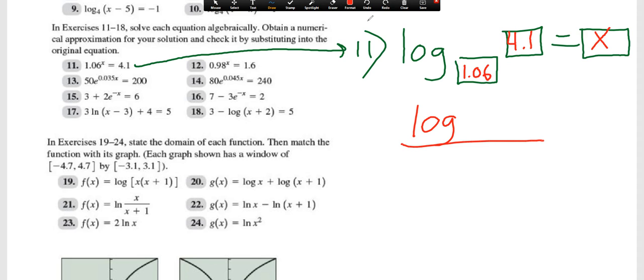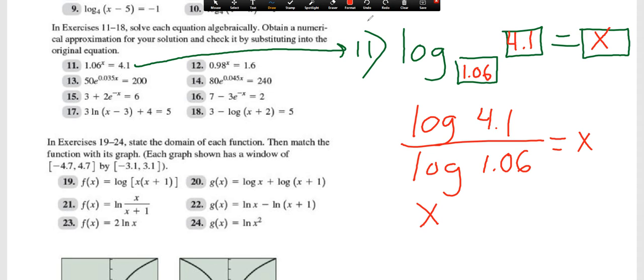Log 4.1, the argument, over log of the old base. Okay, now you can use your machine and come up with the weird decimal, right? Log of the argument over log of old base.